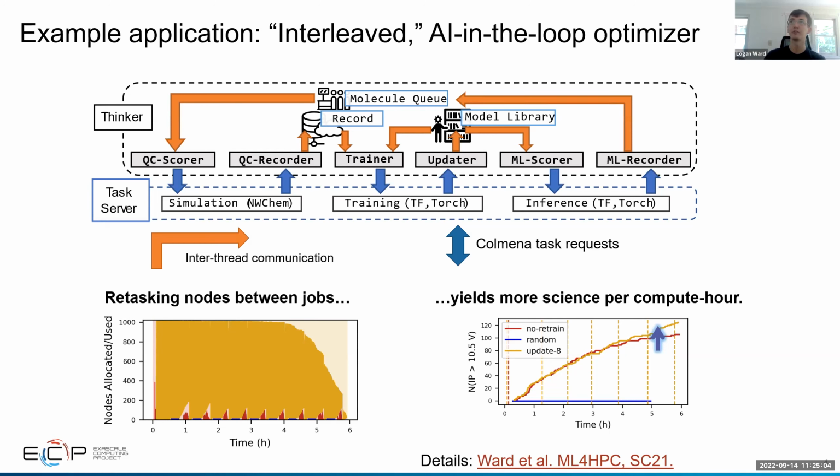And you can take these simple sets of instructions and build them up into an application that has some pretty useful emergent behavior. For example, this application I'm showing here and is described in our ML for HPC paper from last year switches a supercomputer between simulation tasks, yellow, to model training when enough data has been accumulated, blue, to model inference in red, such that over the course of time, you can gradually retrain these machine learning models and, as we're able to demonstrate, find more molecules given the same supercomputing allocation than a strategy that relied on a static allocation of nodes.